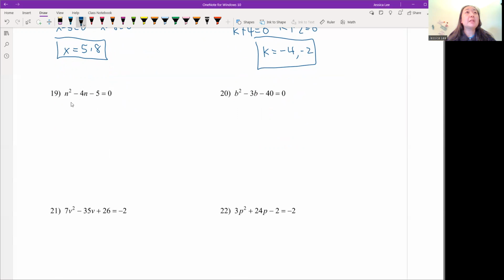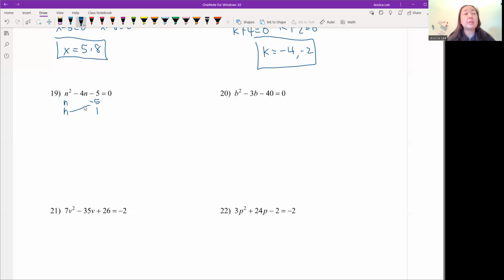All right. And again, here we got n times n is equal to n squared. And we know 5 and 1. 5 times 1 is 5, but one of these has to be negative because when we multiply, it has to be a -5. And that's going to have to be the -5 here because that's going to have to add up to -4.